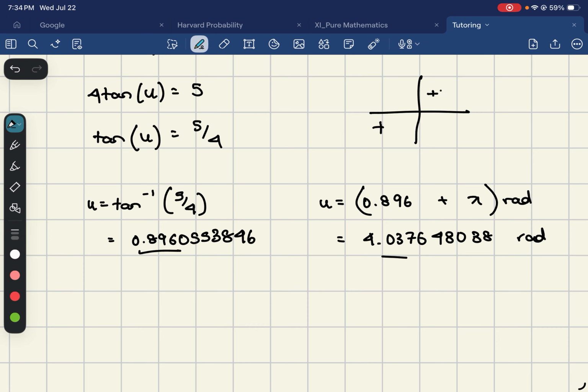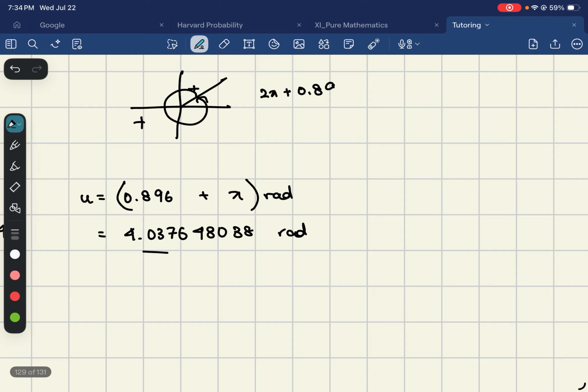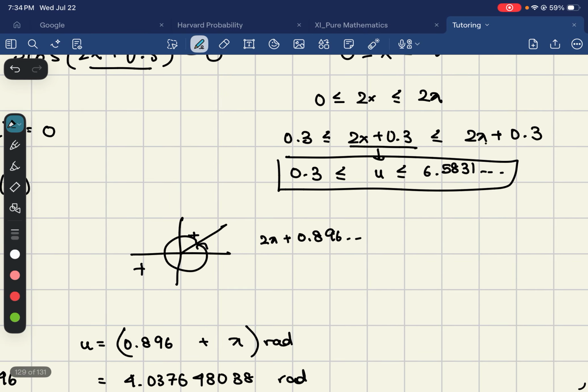And now our next answer is going to be 2 pi plus, right? It's going to loop back in our first quadrant. So 2 pi plus 0.896. But if you think about it, 2 pi plus 0.8 is going to be much bigger than 2 pi plus 0.3, right? So this is not going to be a valid solution. So you only have 2 solutions here as well.